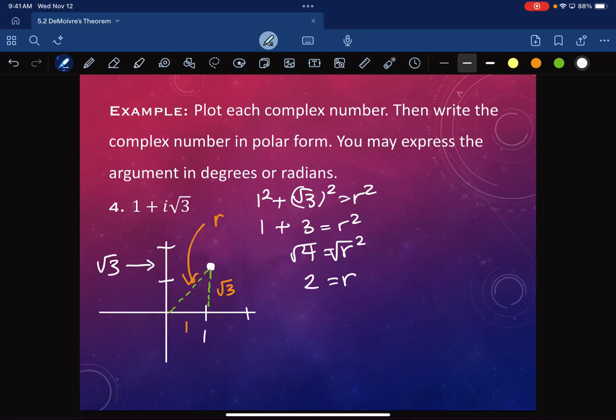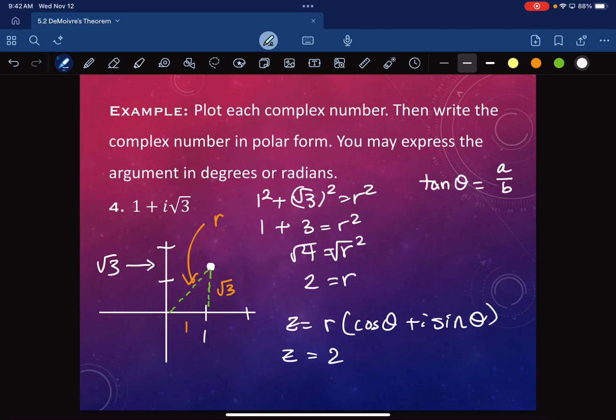So as we're taking a look at writing this in R cosine of theta plus I sine of theta form, the R is 2. Okay, now it is a familiar angle to us, but let's figure out what it is in case we weren't familiar with the angle. Remind you how you do it. The way that you get the angle is using the formula tangent of theta equals A over B. That's one of the 4 equations inside of the definition.